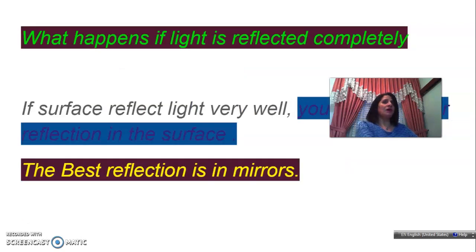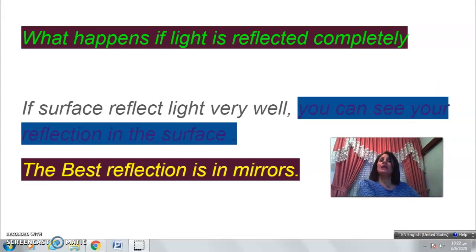What happens if light is reflected completely? If a surface reflects light very well, you can see your reflection in the surface.